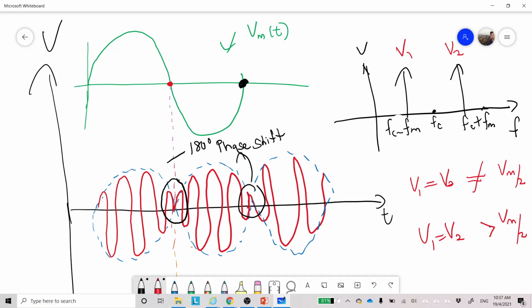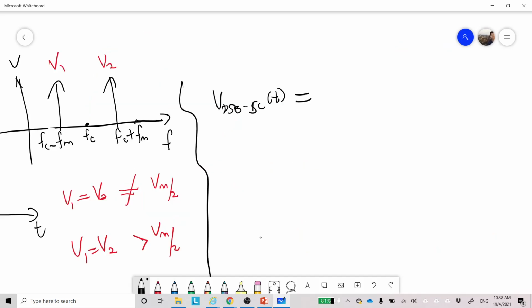So V DSB SC, suppressed carrier, function of time. When we calculate the power, nanti saya akan tunjuk. So this is actually based on the multiplication Vc of t multiplied with Vm of t. Okay, dia sebenarnya daripada equation ini.